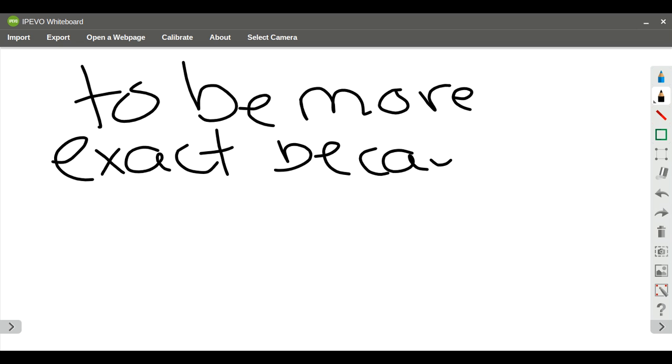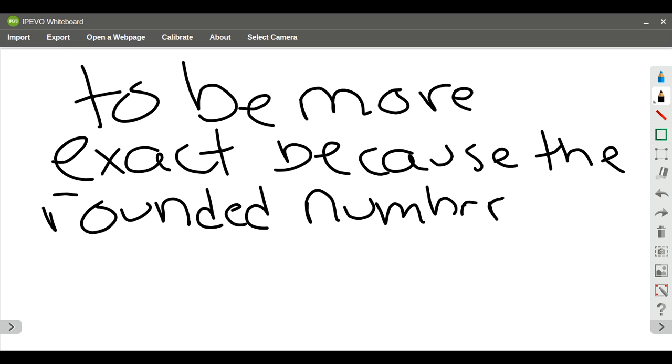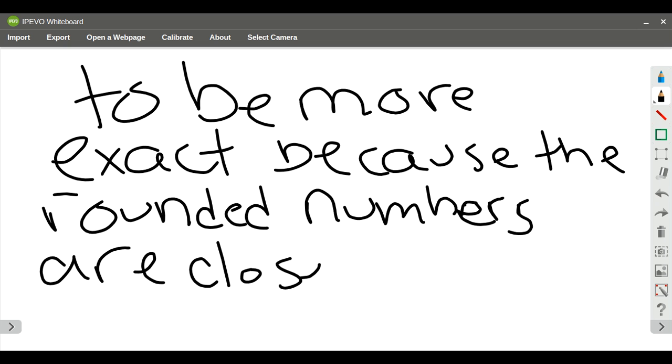Because the rounded numbers are closer to the original numbers.